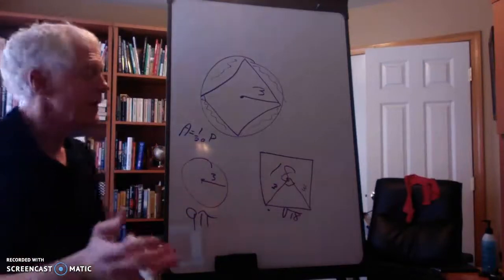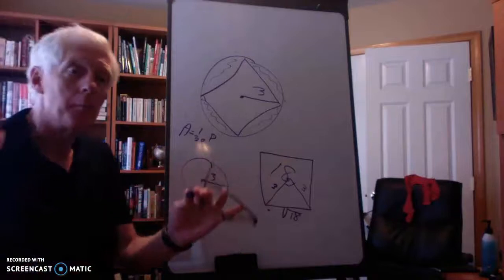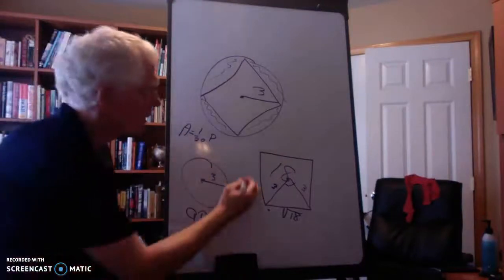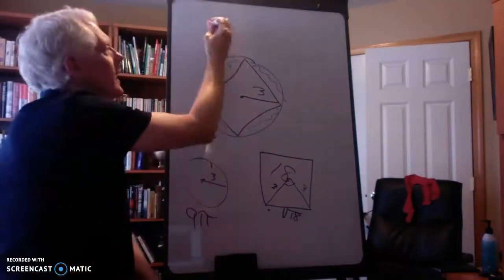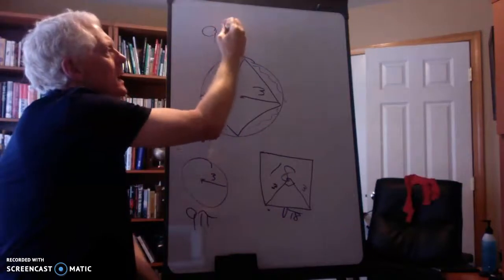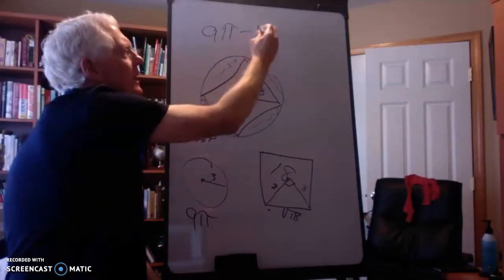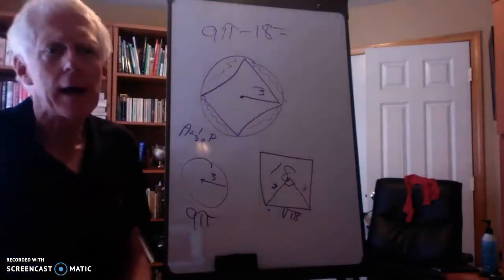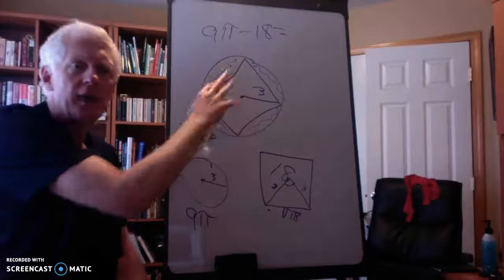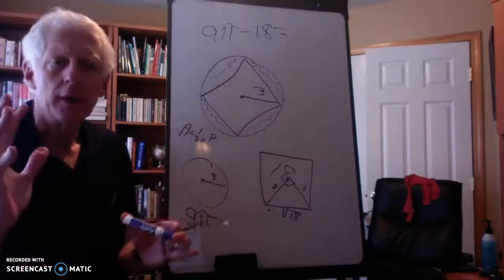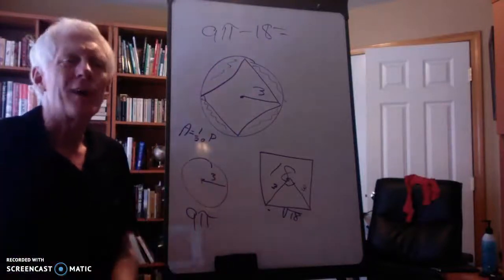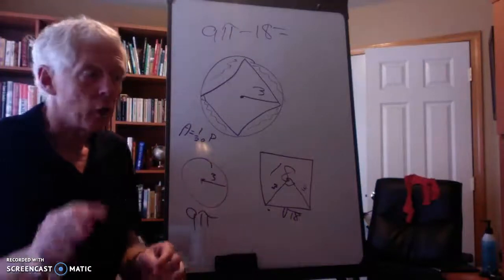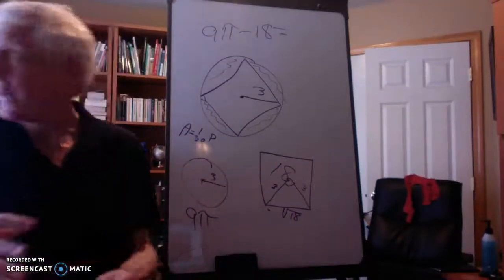So the answer would be the area of the circle minus the area of the square: 9 pi minus 18. Sometimes the book will allow that as an answer, but since this is an application problem, we do want to break out the calculator and literally go 9 times pi minus 18.